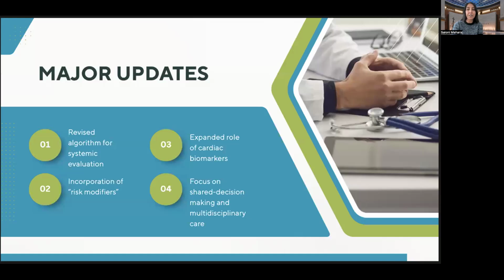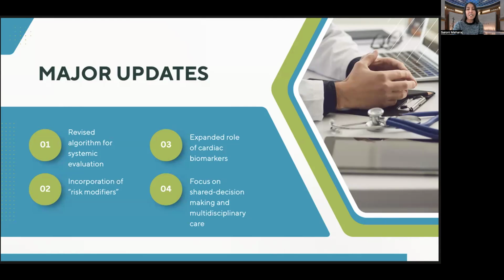First, there's a revised algorithm for systematic evaluation. It offers a clinically intuitive approach to preoperative clinical decision-making. Second, the guidelines now incorporate the concept of risk modifiers, factors that may not be captured by traditional scoring systems but can meaningfully impact perioperative risk.